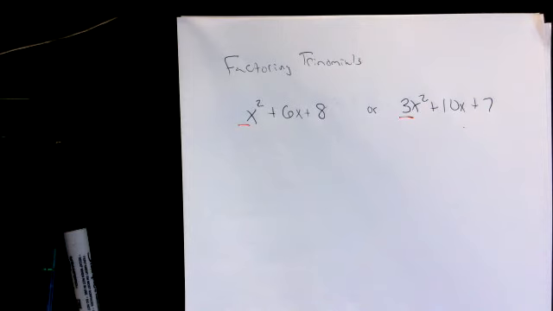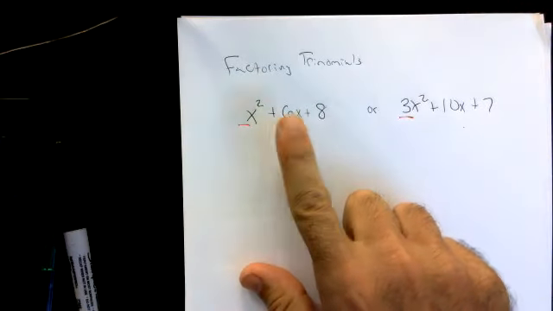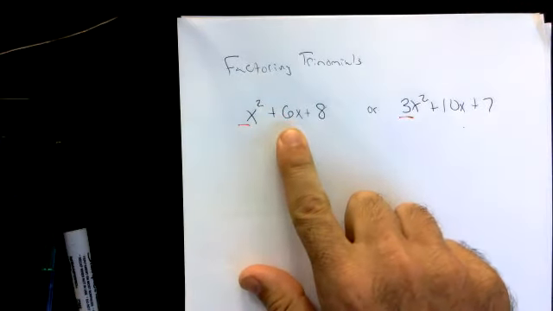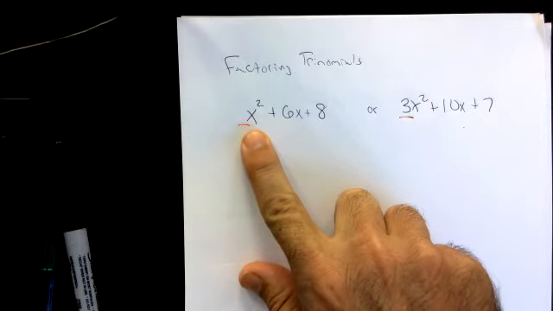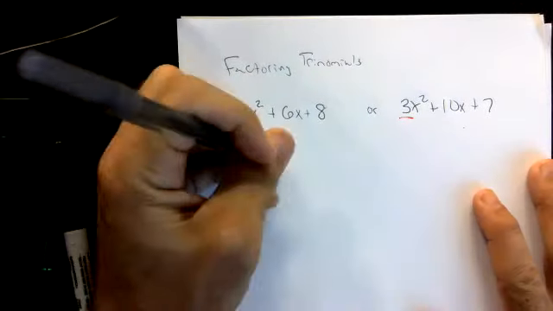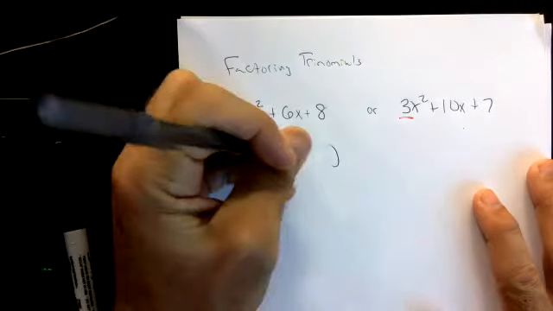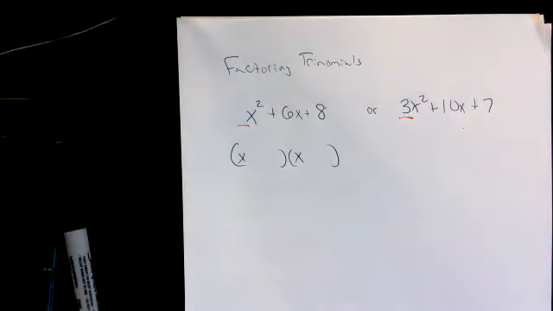But anyway, so when there is not a leading coefficient, these are the easiest problems to solve because the only thing we can multiply to get x squared is x and x.